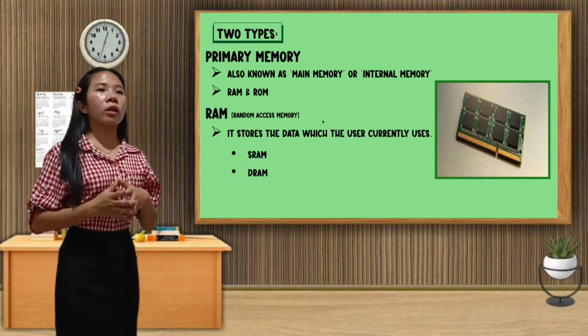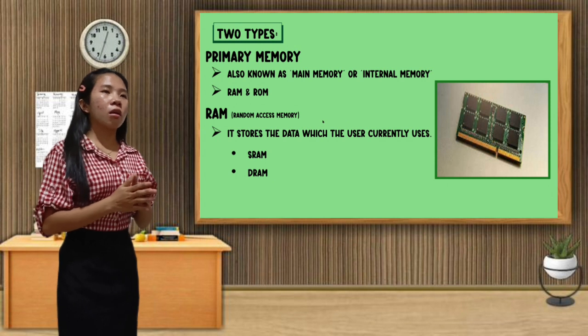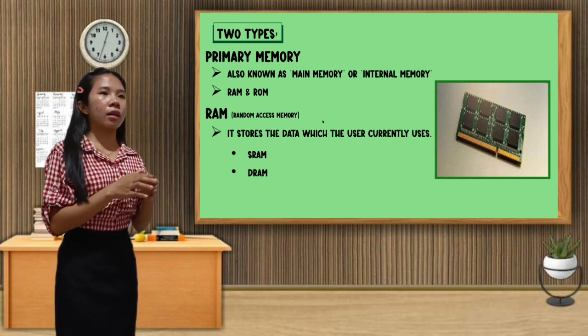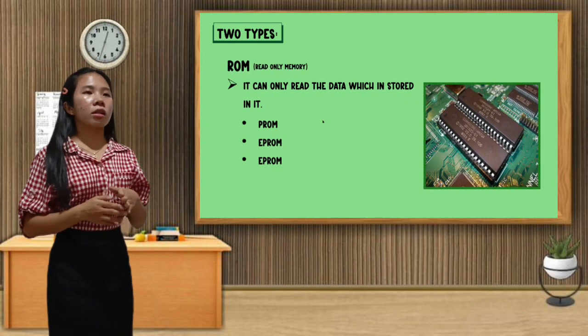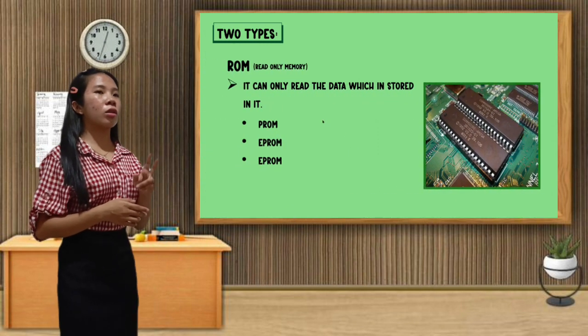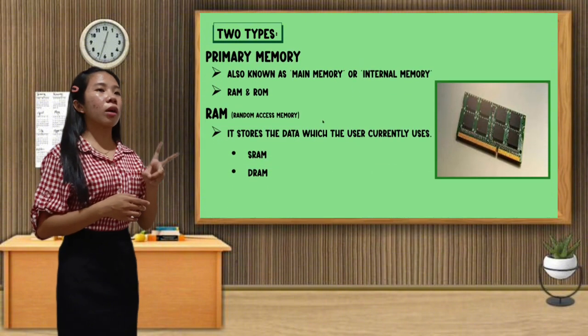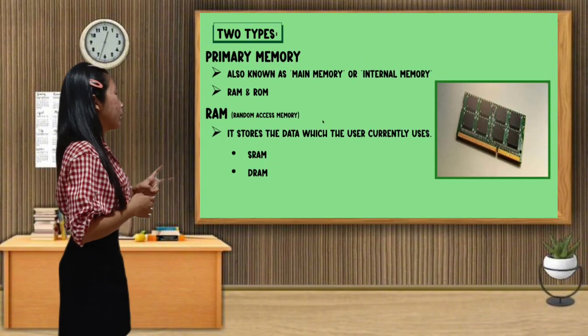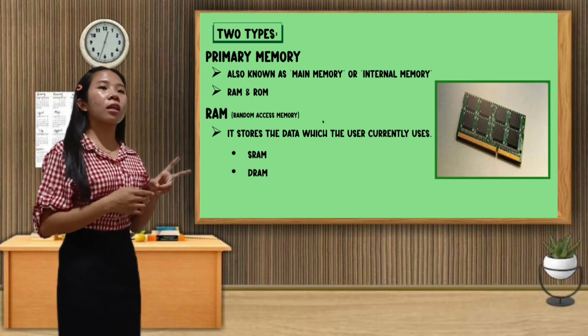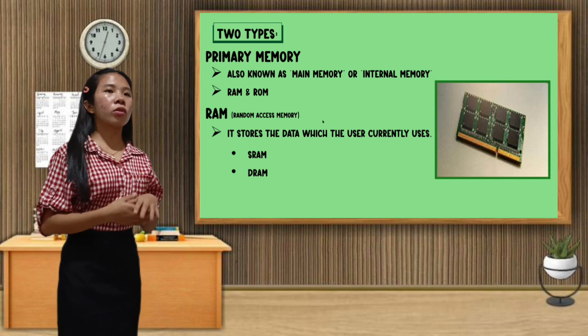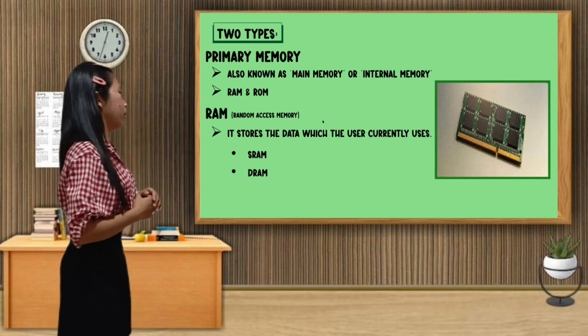When computer power is turned off, then all the data in it will erase automatically. So RAM is further classified into two parts, which is the SRAM, known as static RAM, and DRAM, also known as the dynamic RAM.